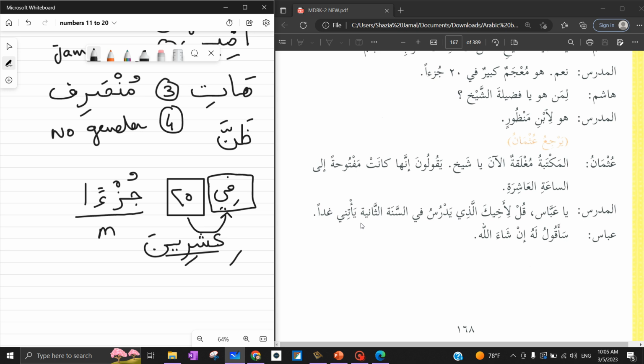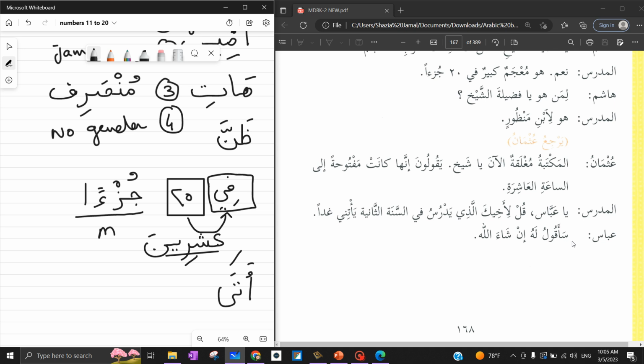Ya'tini. Ya'ti is a verb coming from ata. Ata means to come, and it is in the present tense. Ya'tini, that he should come to me. Ghadan. Ghadan is also a zarf, meaning tomorrow. So he's saying, Abbas, tell your brother that he should come to me or meet me tomorrow.